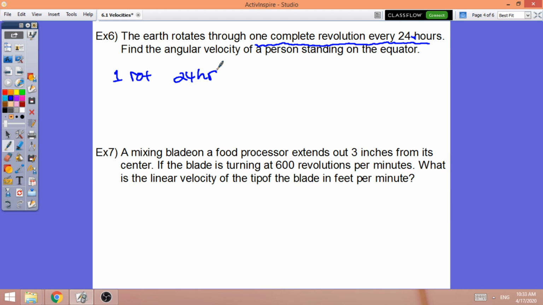Okay, so first thing that we can do, we can convert that to theta. So one rotation, that means what? 2 pi radian. So the time it takes for one rotation is 24 hours. So find the angular velocity of a person standing on the equator. So that means W equals theta divided by the time.